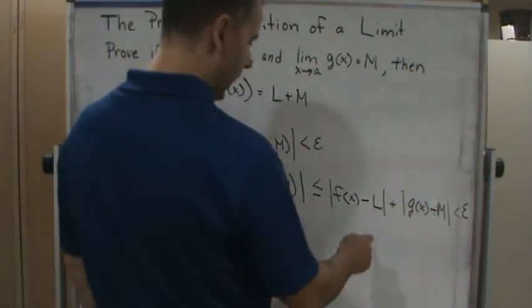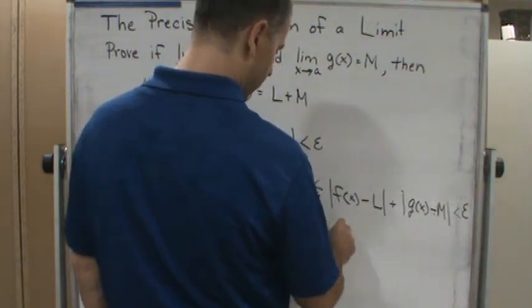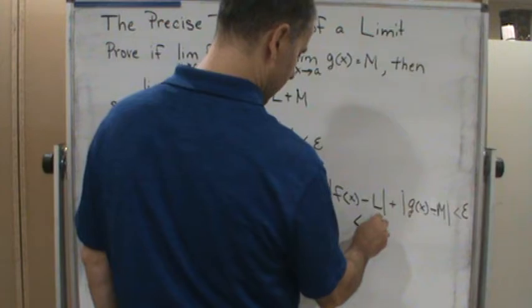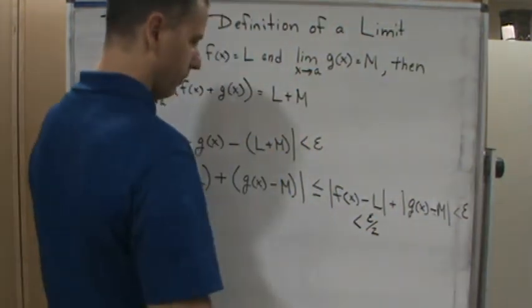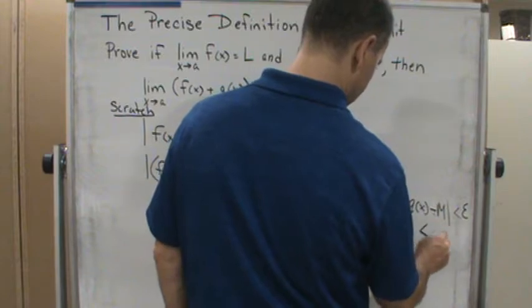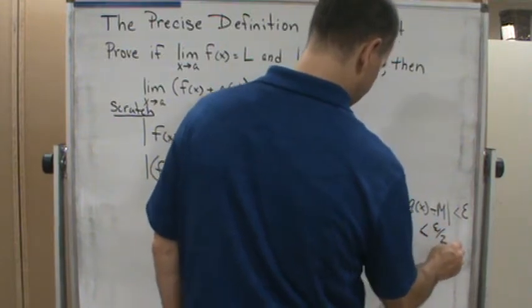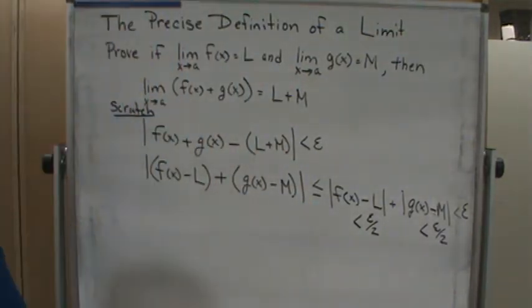Well, here I'm going to say if this is less than epsilon over 2, and this is also less than epsilon over 2, right? Then those combined will be less than epsilon.